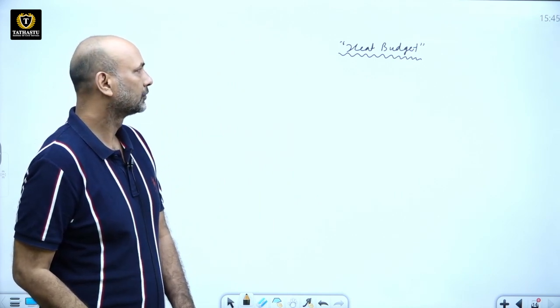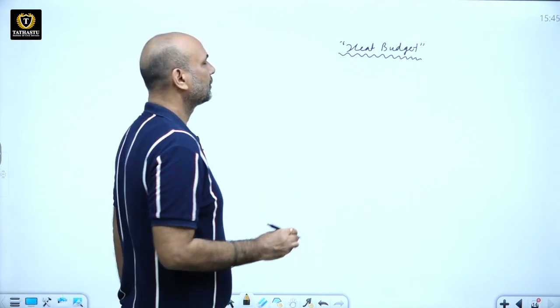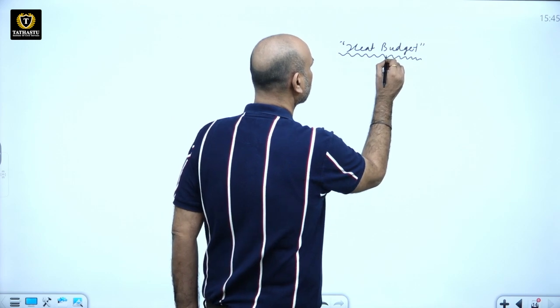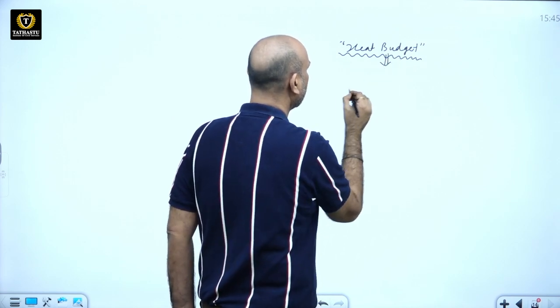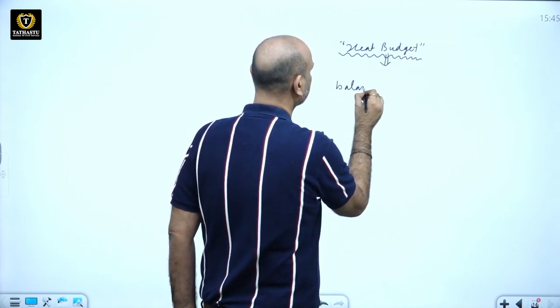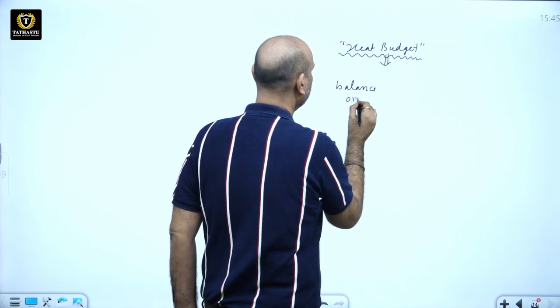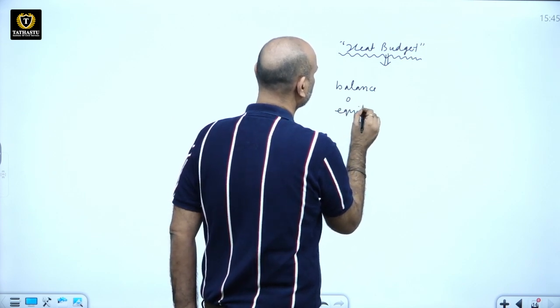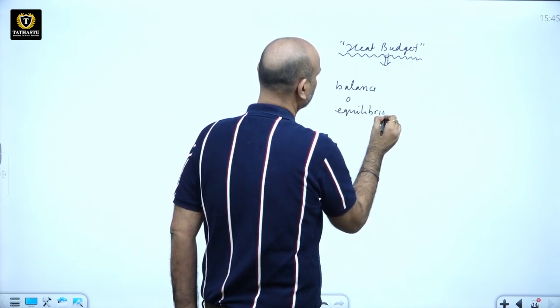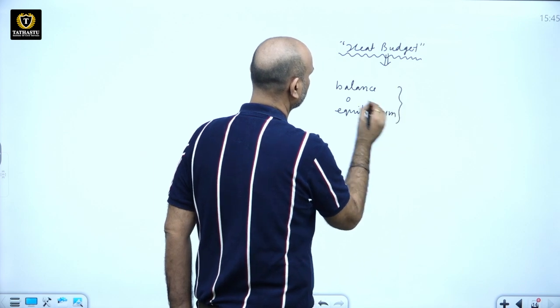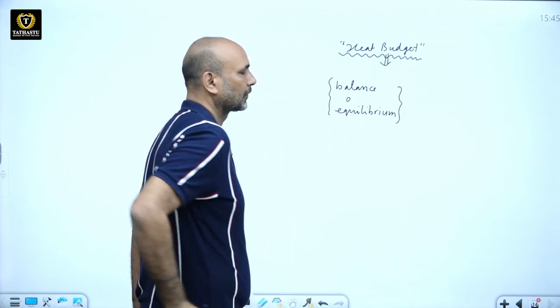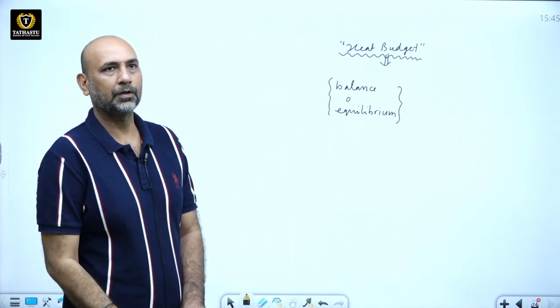So remember that budget includes... Budget is a reflection of balance. Yeah, equilibrium. Between what?